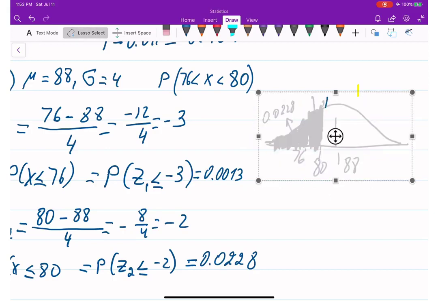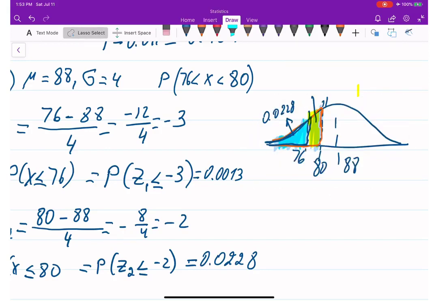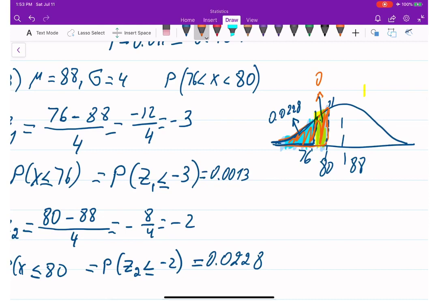So this is 0.0228, the whole orange area, and the blue area is 0.0013.